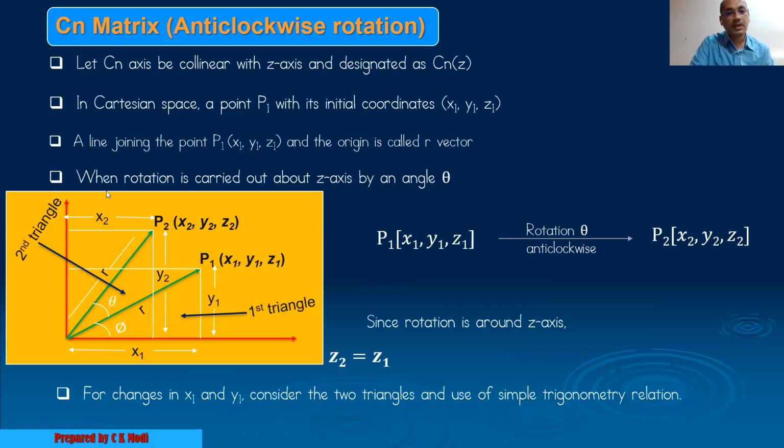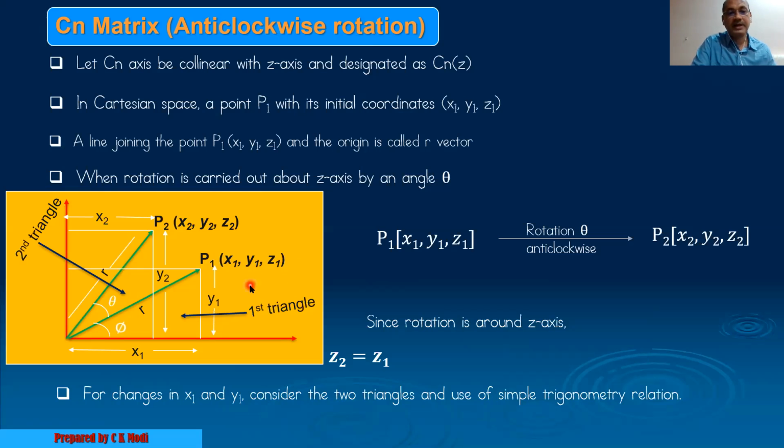Now look at this. Let the Cn axis be collinear with the z axis, designated as Cnz. Now in a Cartesian space, a point P1 with its initial coordinates x1, y1 and z1.